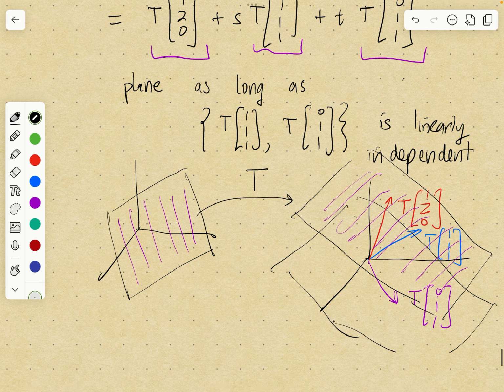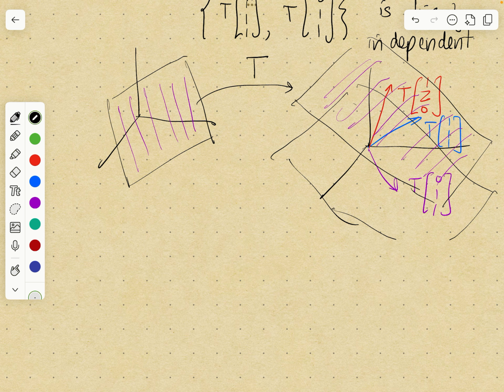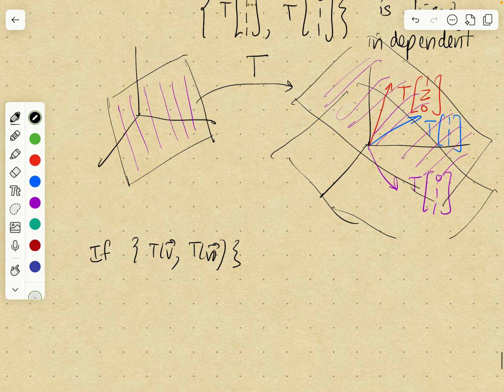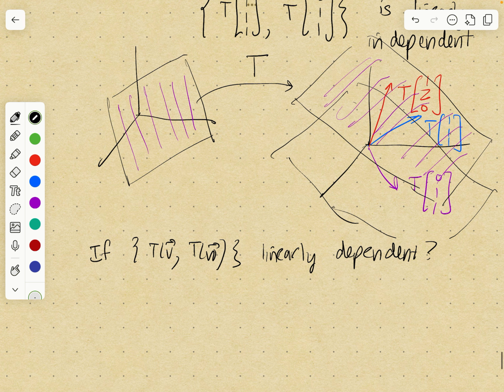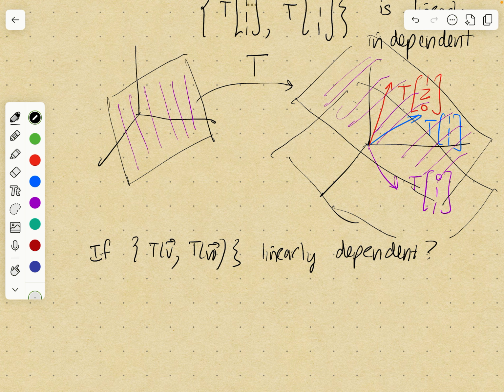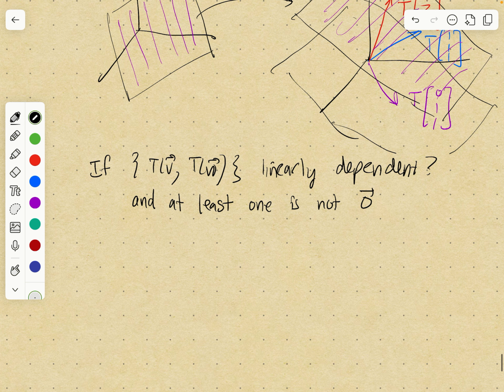What happens if this set T of V, T of W is linearly dependent, and at least one of these is non-zero? Well, that means that one of these vectors is a scalar multiple of the other.